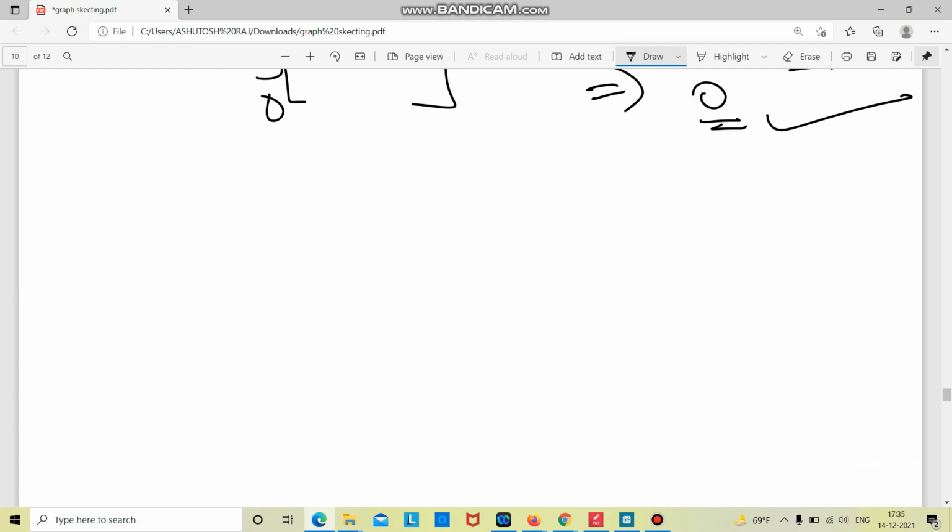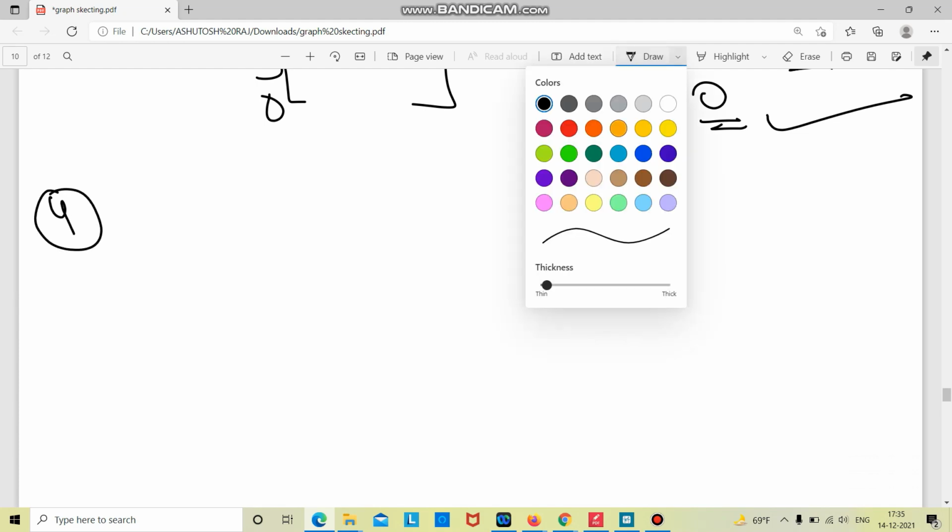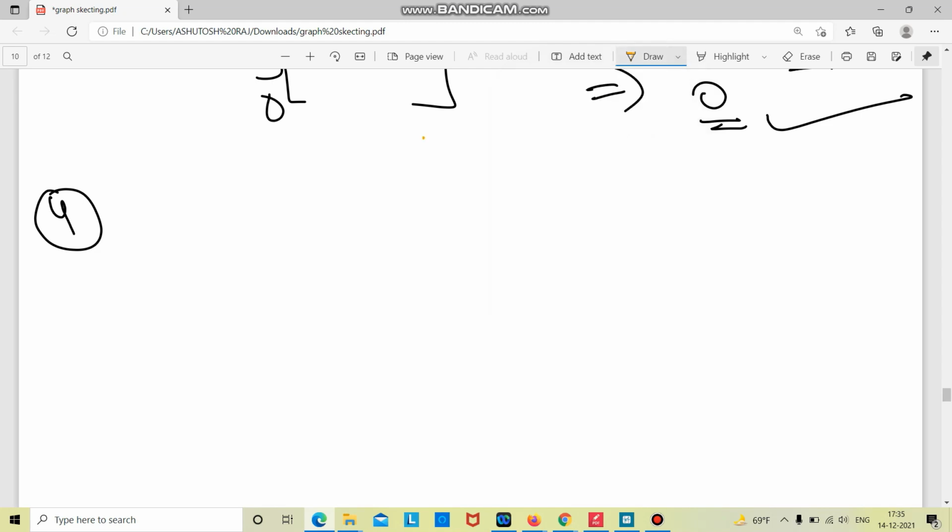Let's take another problem. Problem number 4. This is a problem which is a mixture of the Newton-Leibniz theorem and application of derivative.